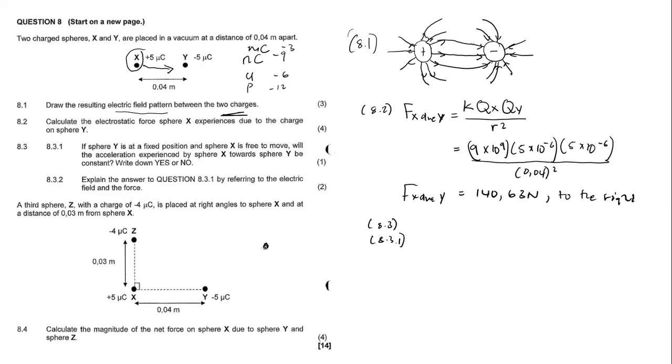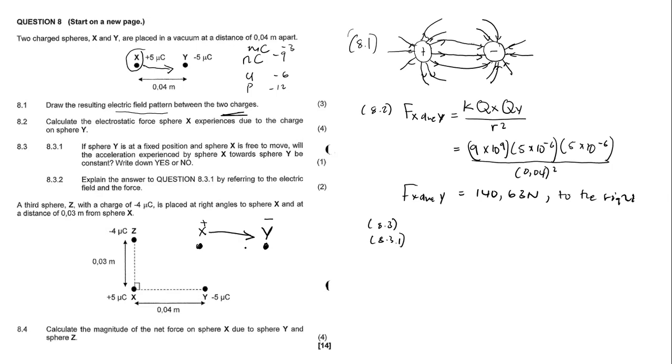They say sphere Y is placed fixed at this position, but the sphere that will be moving is sphere X. Because this one is positively charged and this one is negatively charged, sphere X will obviously move towards Y. So the question is, what will happen to the acceleration experienced by sphere X as it moves towards Y?